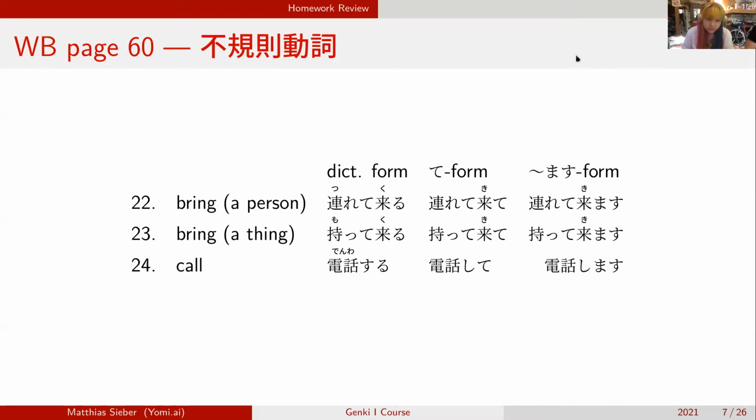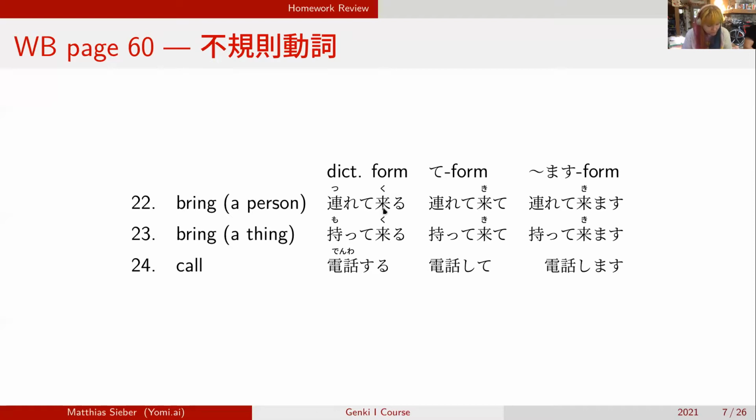Okay, and then we have irregular verbs, well, more or less, right? Only certain parts. So to bring a person is tsurete kuru, right? Often the kuru part, whether it's conjugated or in its dictionary form, is written in hiragana. Not always, but quite often.